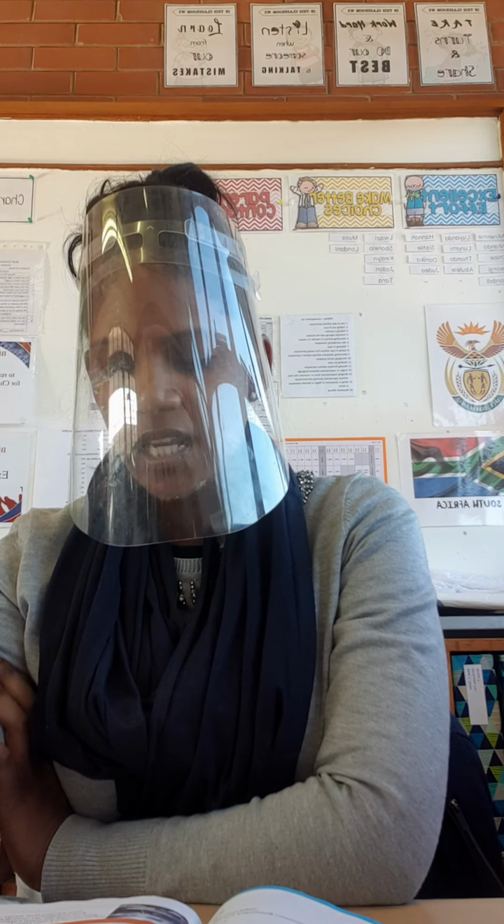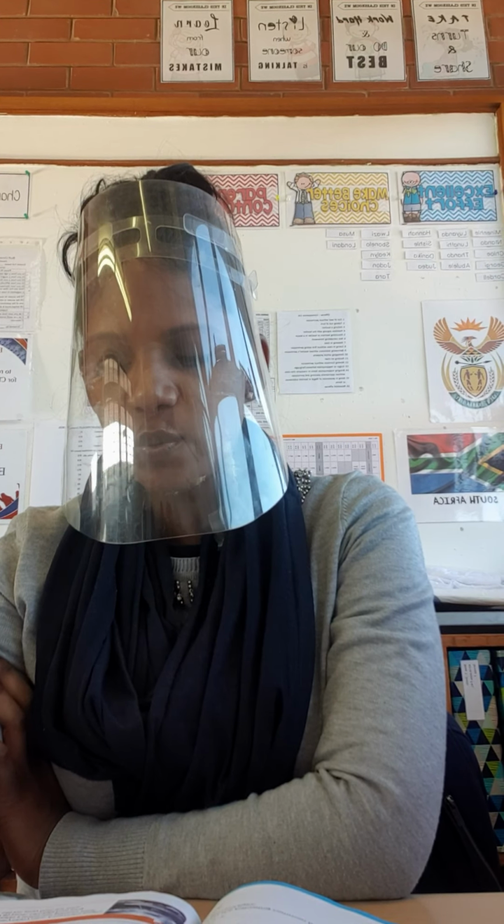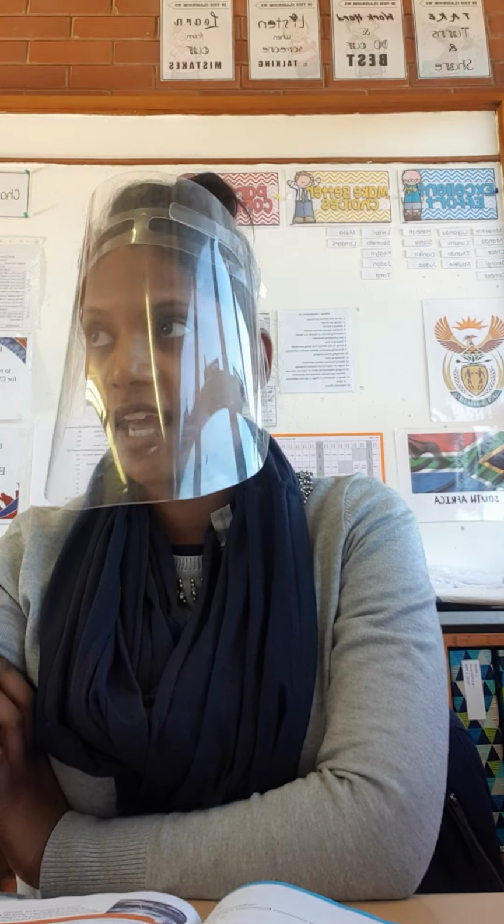The bread required the temperature of 185 degrees Celsius, while the pie needed a temperature of 175 degrees Celsius. Number 3A, what was the difference in the oven temperature between the pie and the cake? What am I going to do there, Abulele? I'm going to subtract. I take the temperature of the oven for the pie, I take the temperature of the oven for the cake, and I do what Abulele said, I subtract.